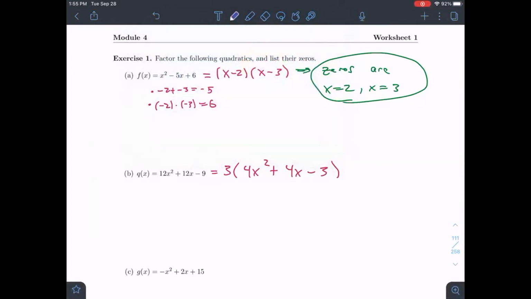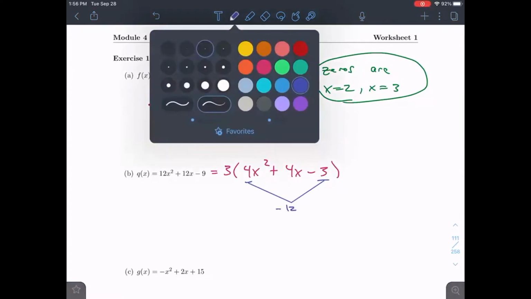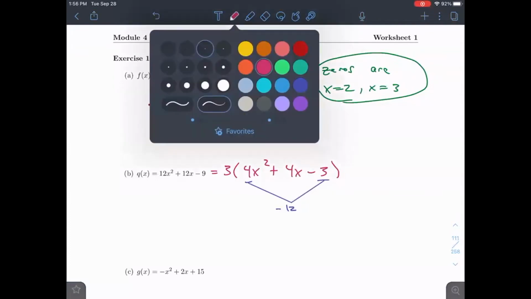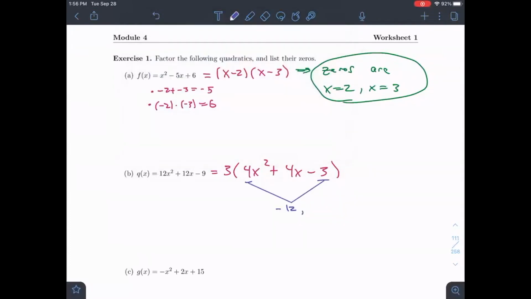And so just as we did before, you want to think in terms of what numbers are going to multiply into the product of 4 and minus 3, so the coefficient of x squared and then the constant. So this is minus 12. And so two numbers that are going to end up working here: if you do 6 times negative 2, this is going to be equal to negative 12.